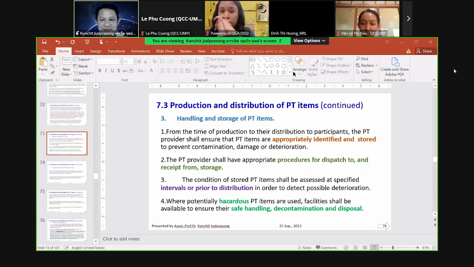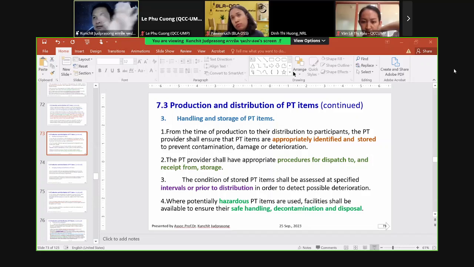The participant should use only your own result, and not transfer the report to another body or another laboratory. So it means you can limit it to that.